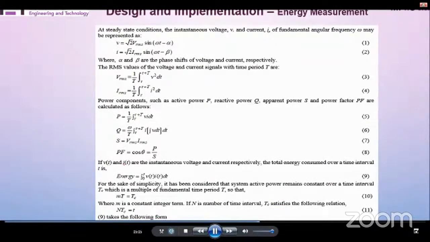Sensor captured voltage and current are used to measure active power, reactive power, apparent power, and ultimately the energy. This slide depicts the formula used to measure the power components and energy.